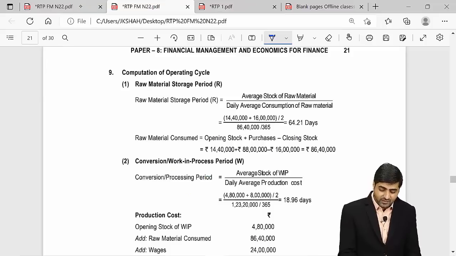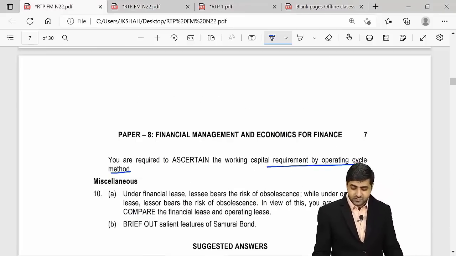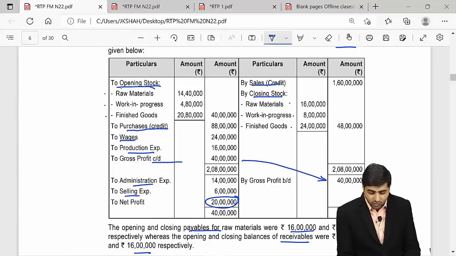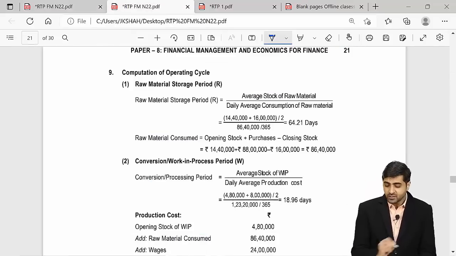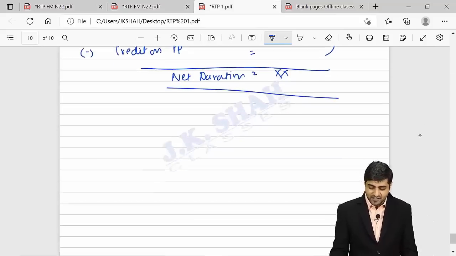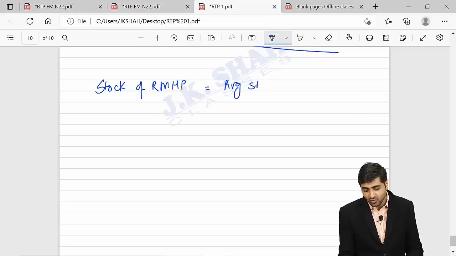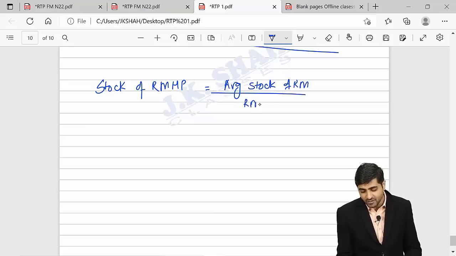So if you check this particular question, which all things do we have? First of all, to calculate the stock of raw material holding period. See, basically the prima facie formula for stock of raw material holding period is that we take your average stock of raw material, and we divide that by raw material consumed into 365, 52 or 12.